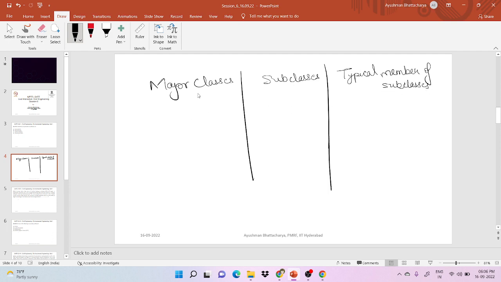The major class first comes particulate. Subclasses come solid and liquid.